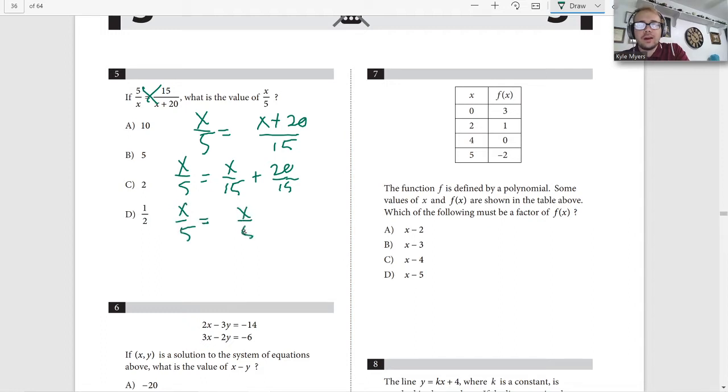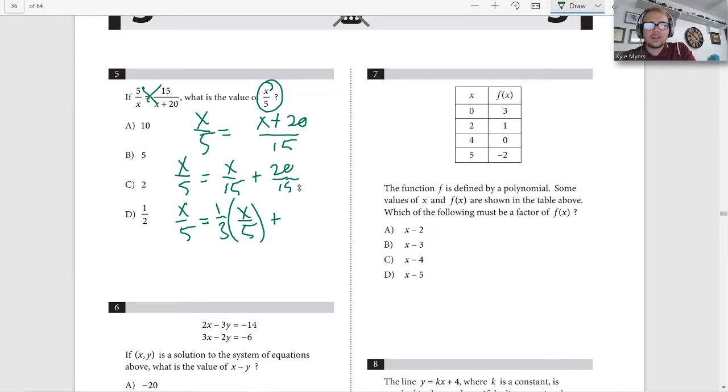If I multiply x over 5 by 1/3, it would be x over 15. Remember, I'm really trying to solve for x over 5. I wouldn't recommend doing it this way unless you want to be really tricky. It pretty much takes the same number of steps, so it's not a really, really good trick on this one. It's just kind of a good trick.